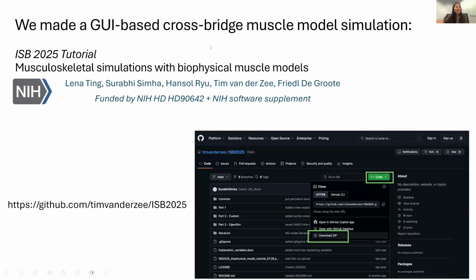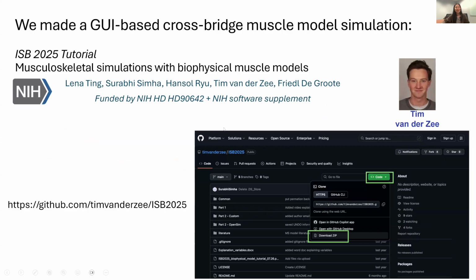All right, so let's test it out using the code I shared. Victoria has already sent out the GitHub page, but if you haven't downloaded it yet, please get it from the GitHub.